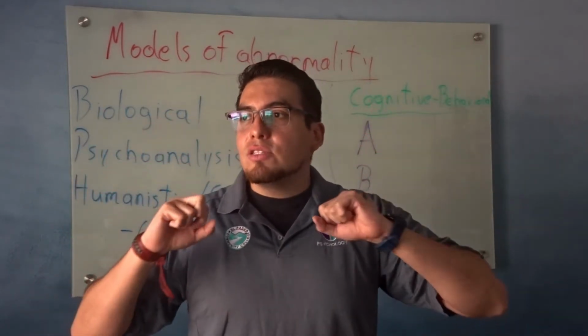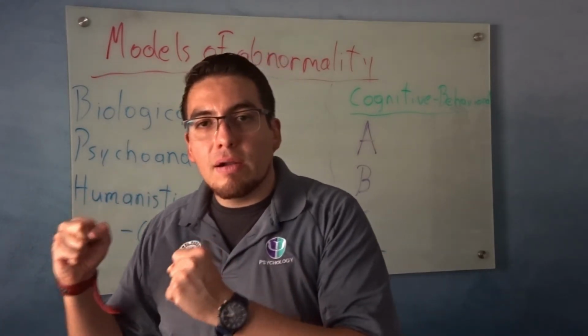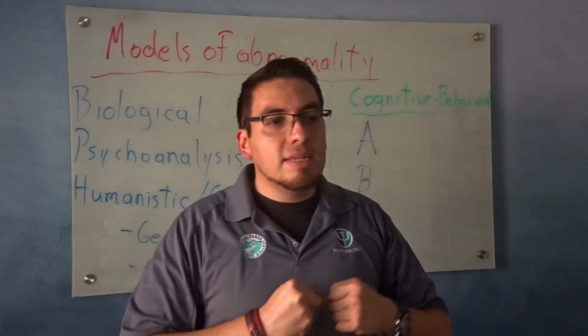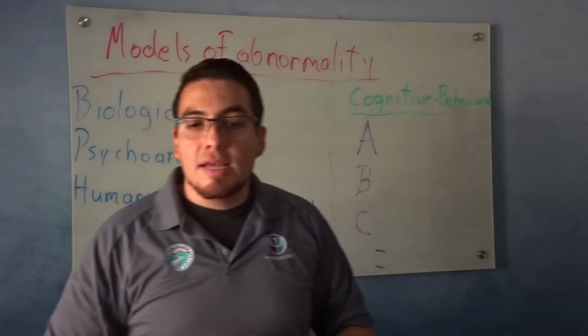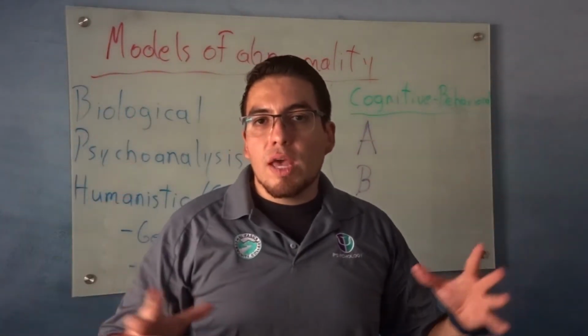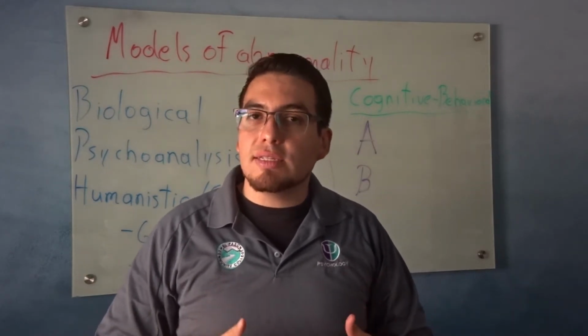Sometimes people get so ingrained in one model that they believe that's the only model that explains abnormality. If you're doing this, you're like the blind man who says the elephant is only like this because this is the only thing that I touched. No. You've got to perceive the whole realm to have a good idea of what abnormality truly is.